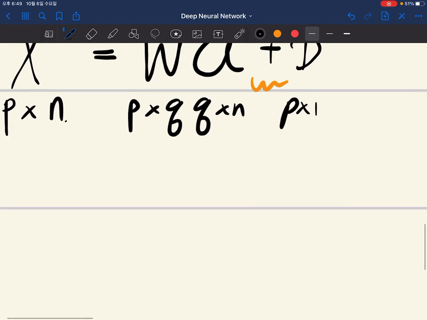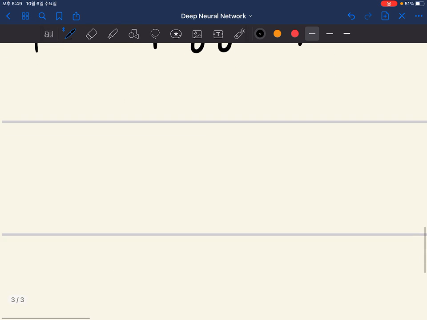And second, let's think of the nonlinear factor model.